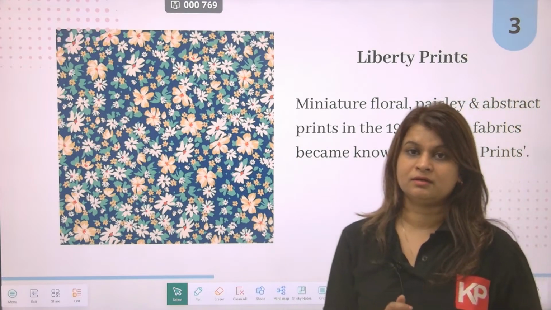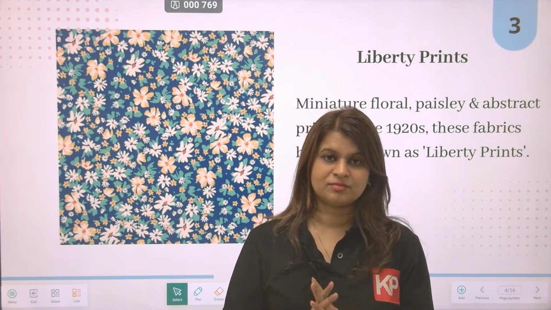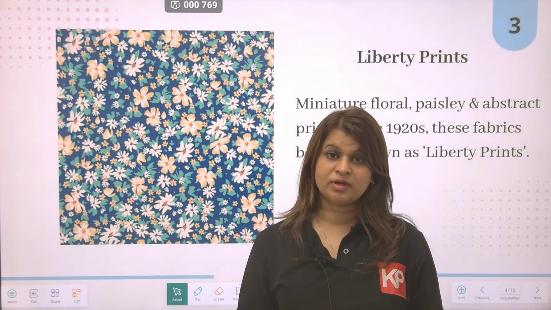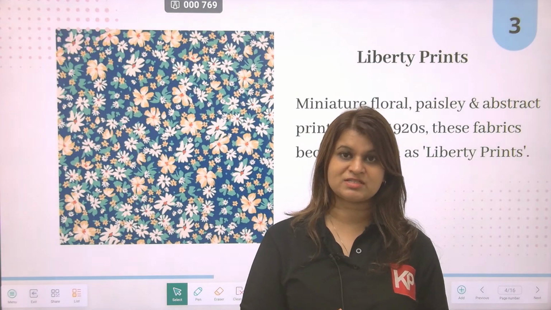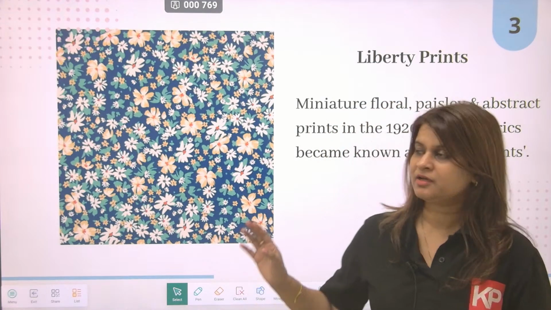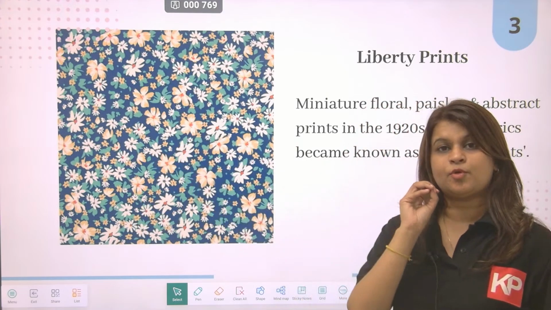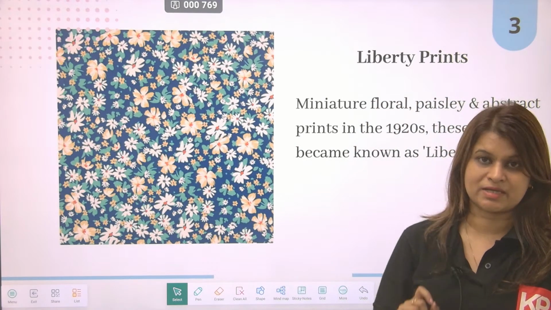So we'll see the first one, and the most common one is the Liberty print. Now आप में से बहुत सारे ऐसे students होंगे who may not have heard this name, Liberty prints, but what is it? It's simple florals but बहुत ही compact और छोटे size के.